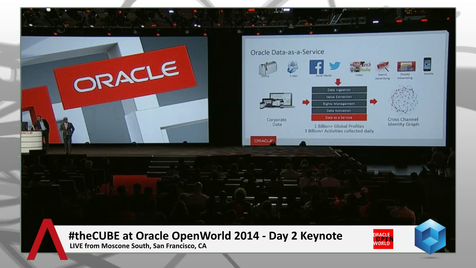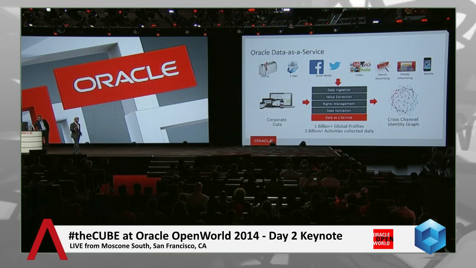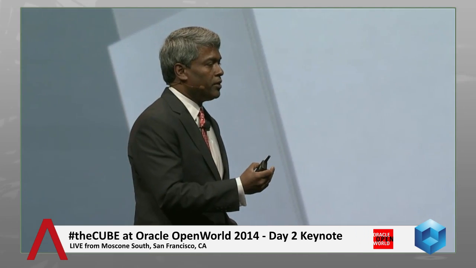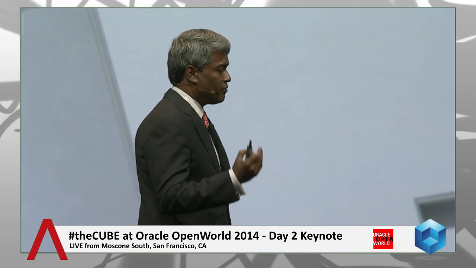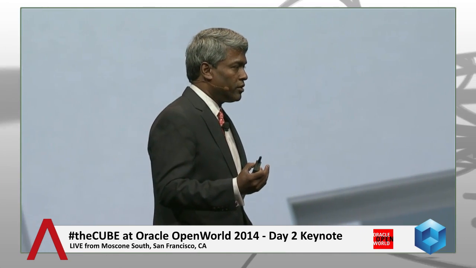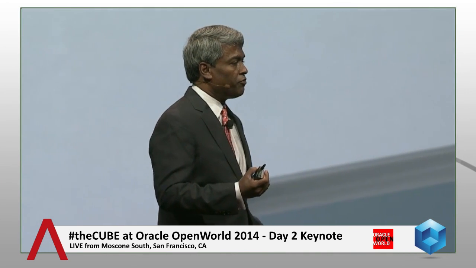Now, each of these people are different people to the system because they have a corporate email address. They have a different address on Facebook. They have an IP address for their phone or a phone number. And you need, in order to be an effective marketeer, to be able to bridge all of these, so you have a unified view of who that person is.